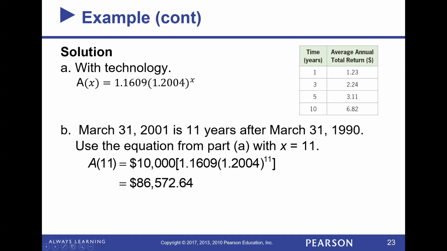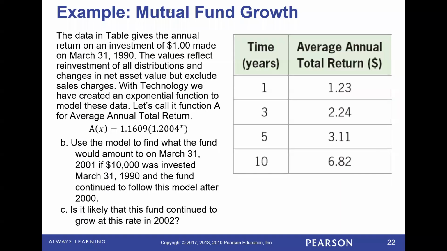Now let's look at what question C was. So let me go back and look at question C real quick. Question C: is it likely that this fund will continue to grow at this rate in 2002? Somebody has already done all the money and looked at this and said this was what it was in 1990.